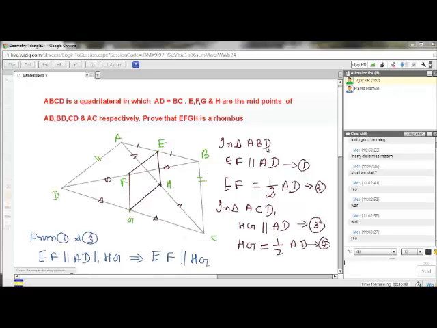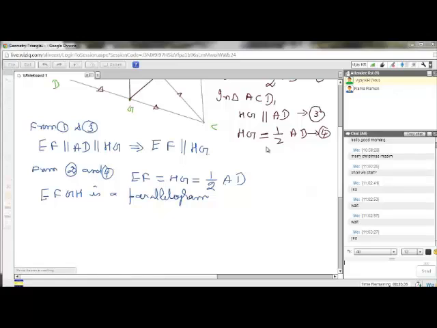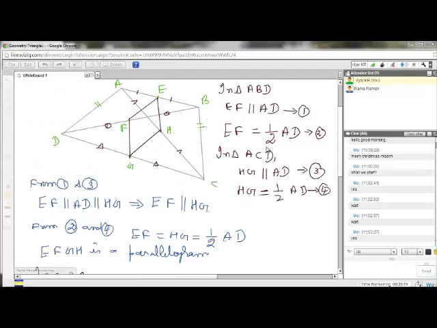Okay, so this is the idea we are going to make use of. So, in triangle ABC, we have EH equals half BC.